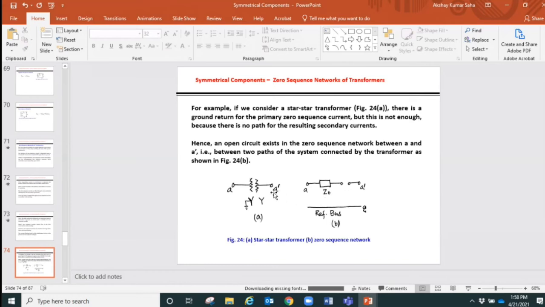And as secondary side is star connected, neutral ungrounded, no zero sequence component of current can flow in the line, and hence there will be no reflection on the primary side. So current actually cannot flow on the primary side as well.